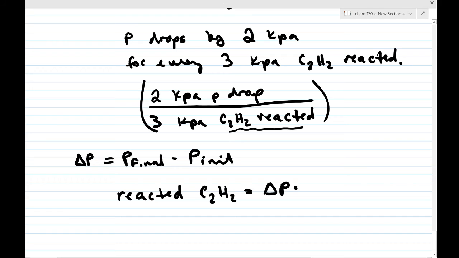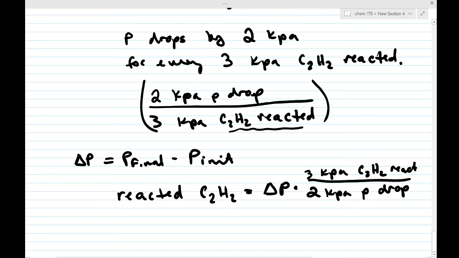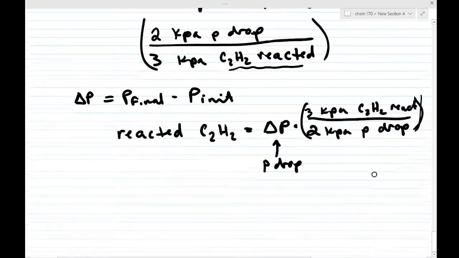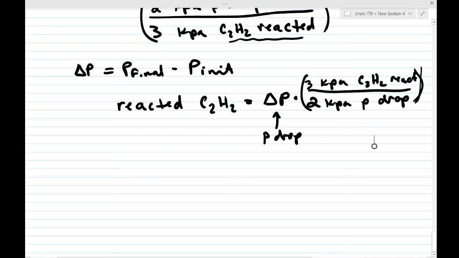So we multiply by the inverse of this: 3 kilopascals of C2H2 reacted divided by 2 kilopascals of pressure drop. We take our pressure drop from the reaction and multiply it by the amount of C2H2 reacted per amount of pressure drop.